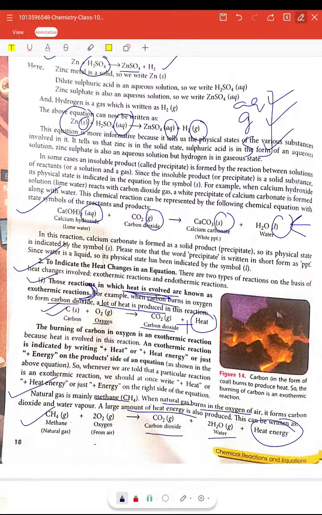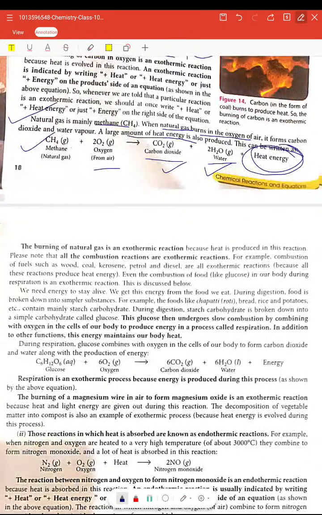Oxygen is 2O2. It becomes carbon dioxide, water vapor, and a lot of heat energy is released. So it is an example of an exothermic reaction.